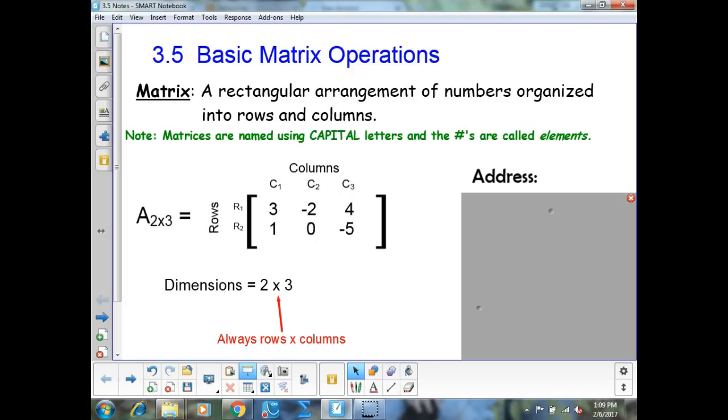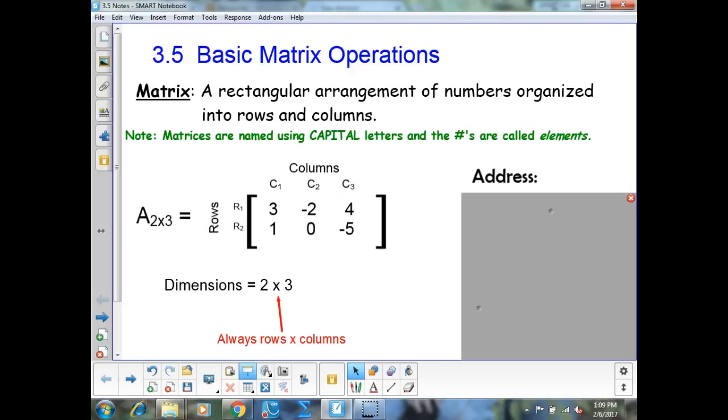Okay? So we need this background today, tomorrow, and the first part of class on Thursday in order to get to Cramer's rule and then eventually get to solving systems of equations by matrices. Okay?